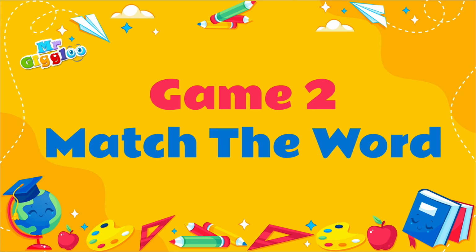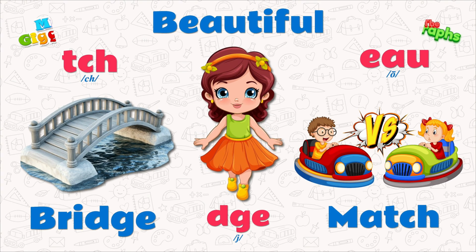Game 2. Match the word. Match the trigraph with the picture and word. The trigraphs we have are T, C, H, D, G, E, E, A, U. And the words and pictures to match are match, bridge, beautiful.